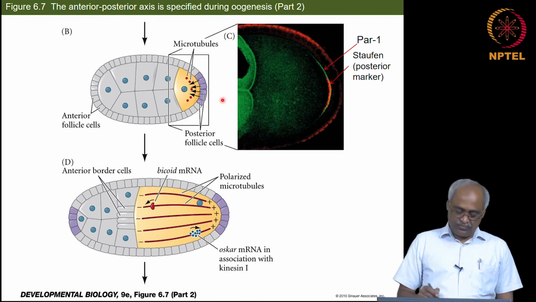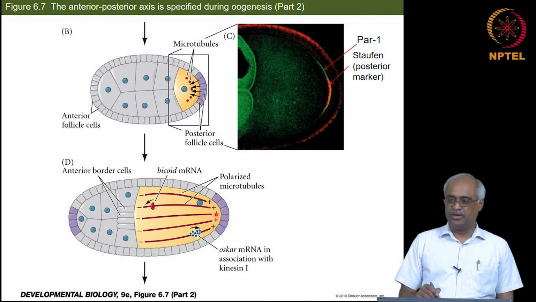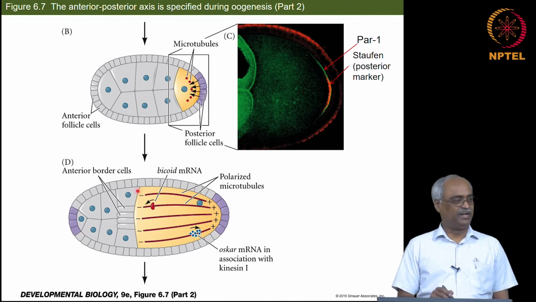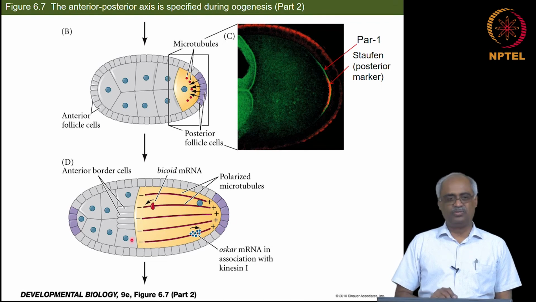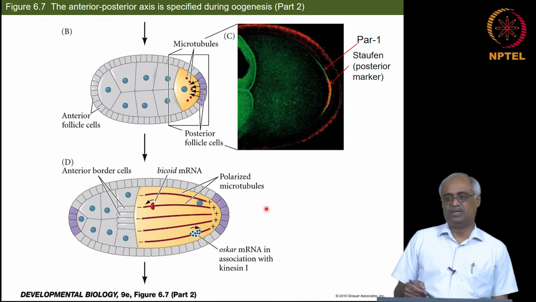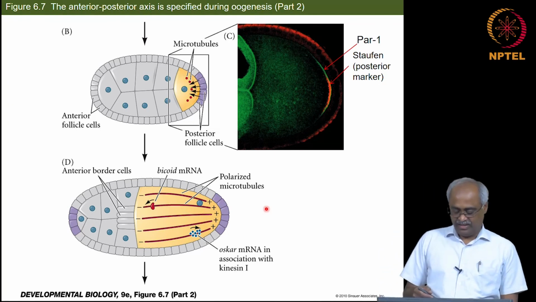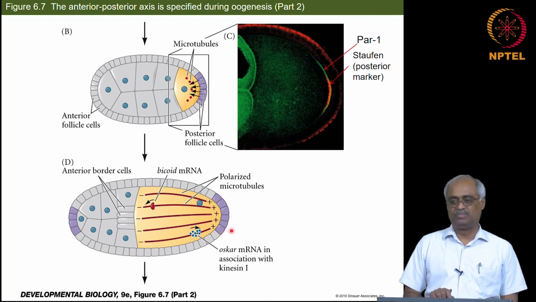And that reinforces this microtubule orientation, with the plus end at one end. Now we could start calling posterior and anterior. Okay. So you are going to have the minus end at one end and the plus end at the other end, and as a result on these roads or rails, now you can have RNA and protein moving, and the motor proteins that latch on to, like, Oscar mRNA, move towards the plus end.